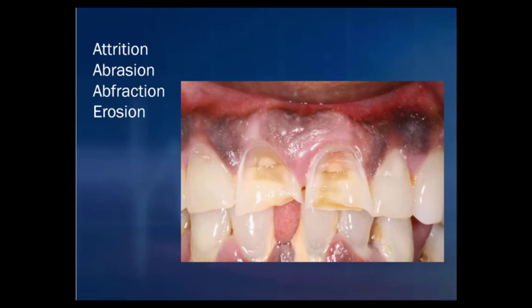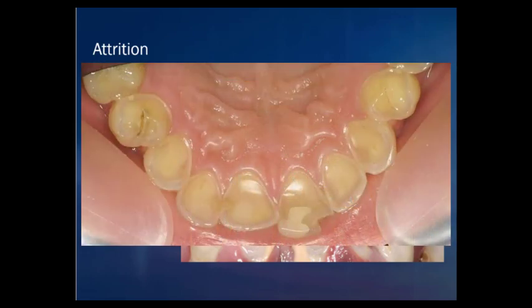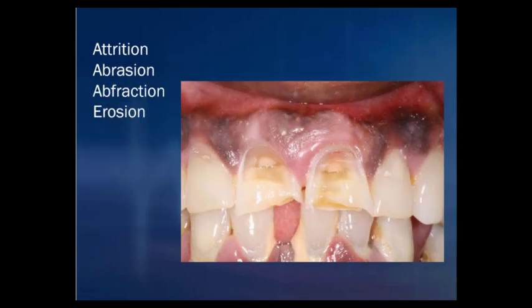In that case, I would recommend that you take an intraoral photo of the erosion, educate the patient, and discuss what's potentially causing that, and then tell them, next time you're at your doctor, make sure you tell them that your dentist said you had a lot of erosion on your teeth and that there may be some type of reflux issue.